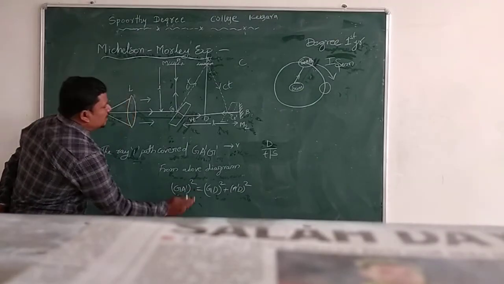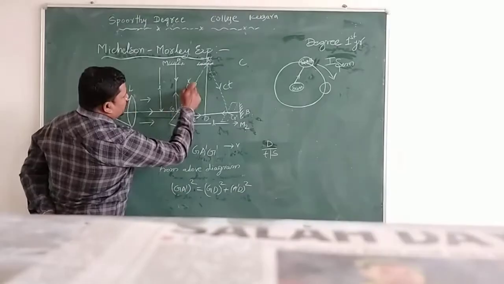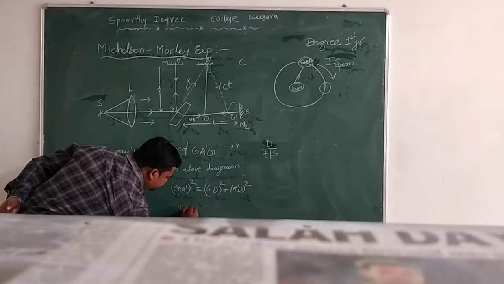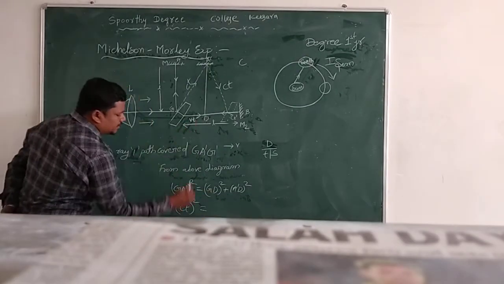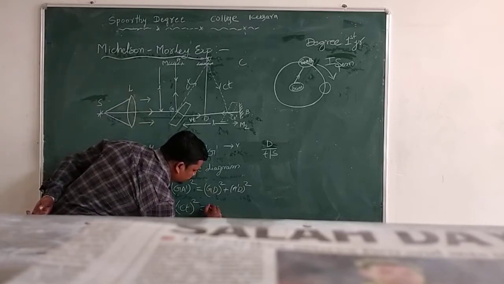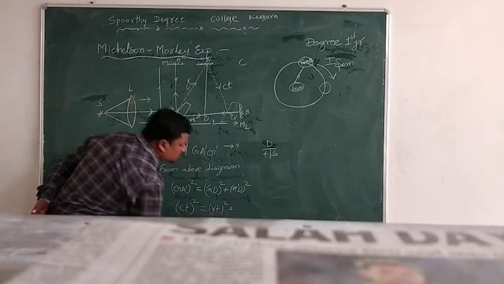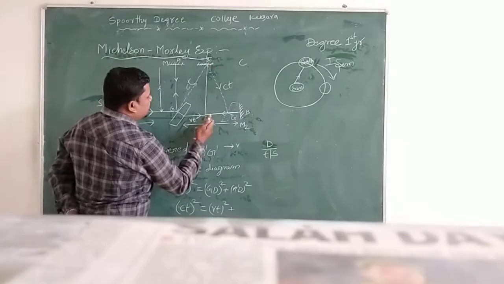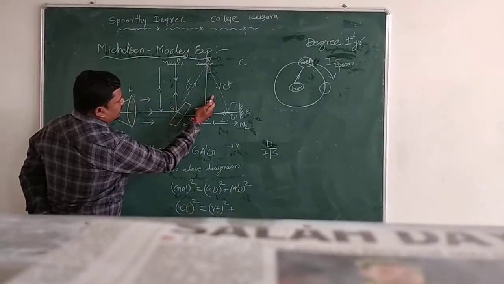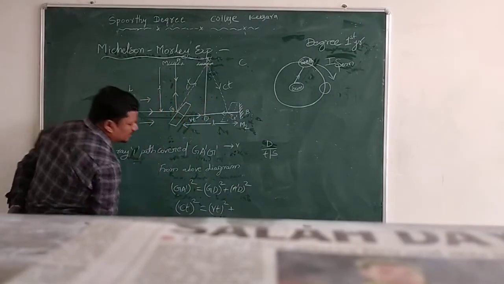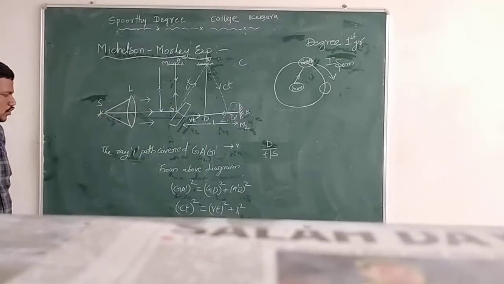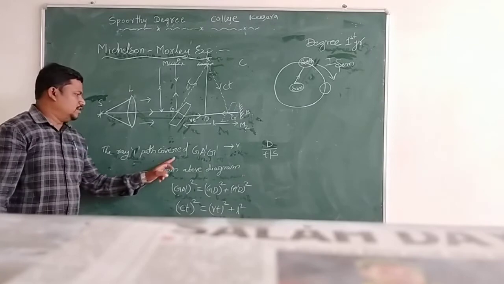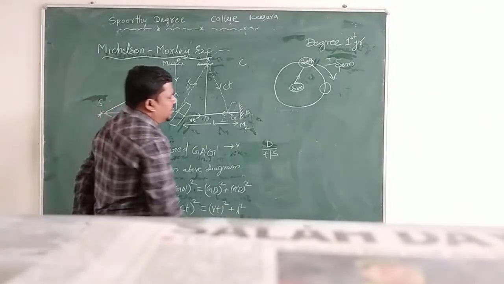G A dash square means CT square, G D is VT square, plus A dash D, which is also the same length L. Then take L square. We have to find the time taken by ray 1.